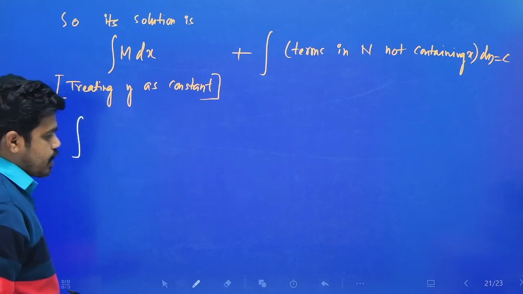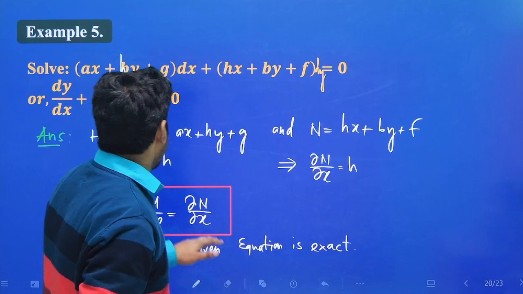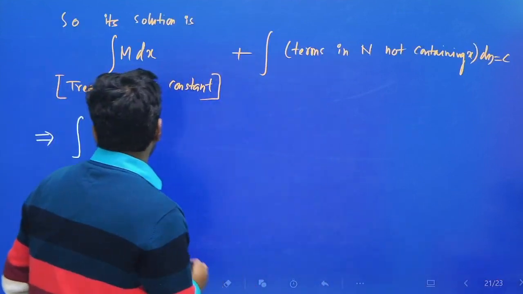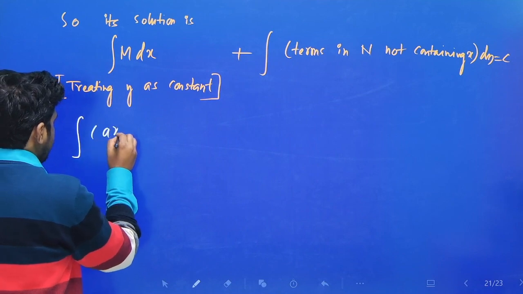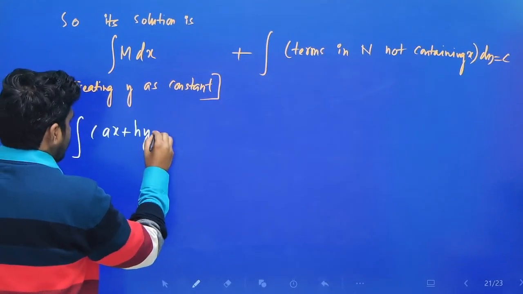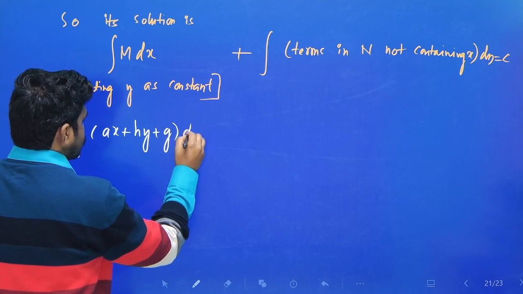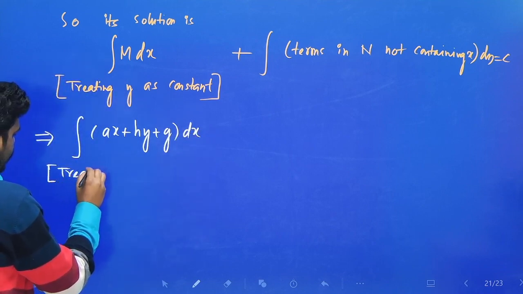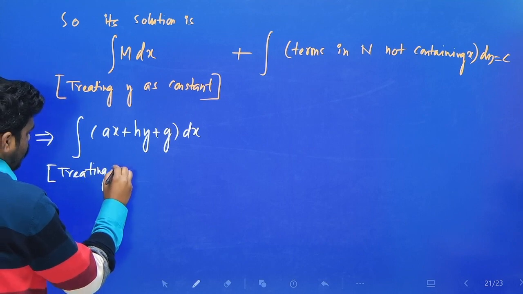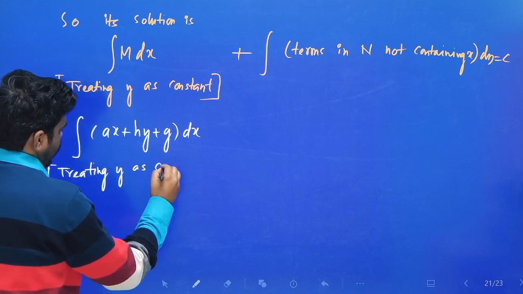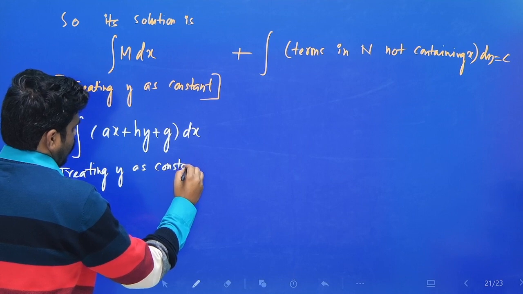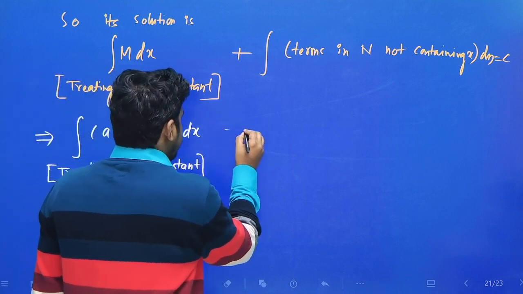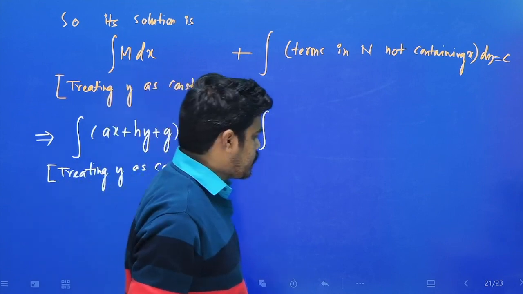So this implies the integration of M dx. What is M here? Here M is ax + hy + g, into dx, treating y as constant, plus terms in N not containing x.